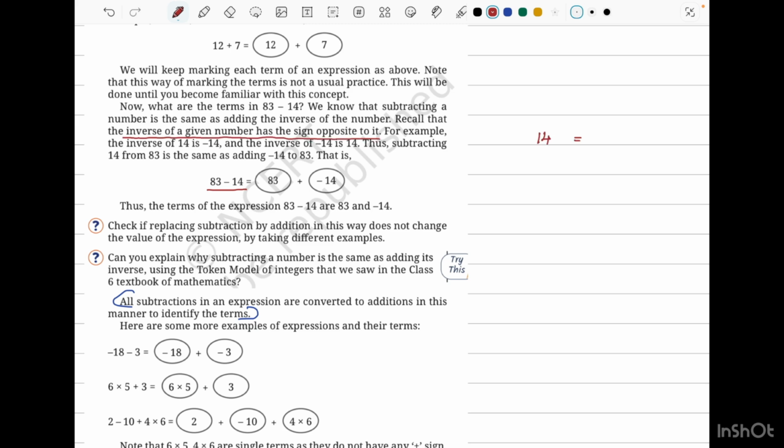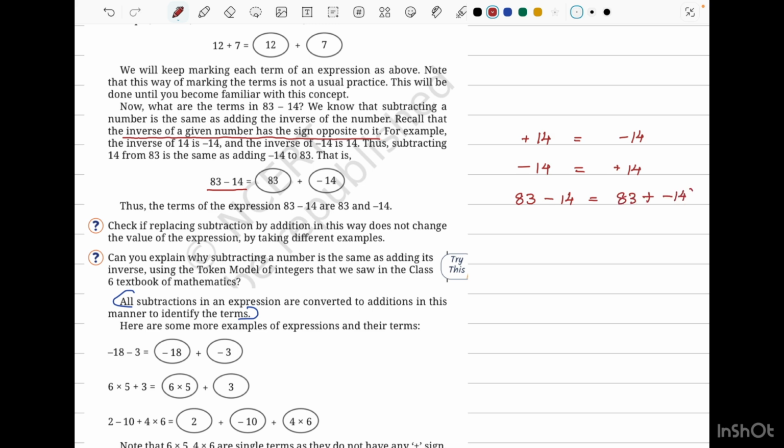In the case of 83 minus 14, it is separated by minus. Then we can take the inverse of the given number: the inverse of plus 14 is minus 14 and the inverse of minus 14 is plus 14. So here we can write 83 minus 14 as 83 plus the inverse of 14, which is minus 14.